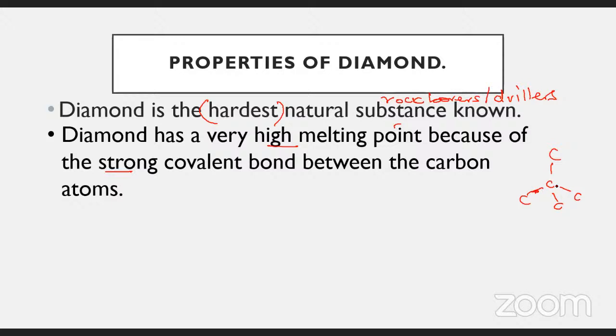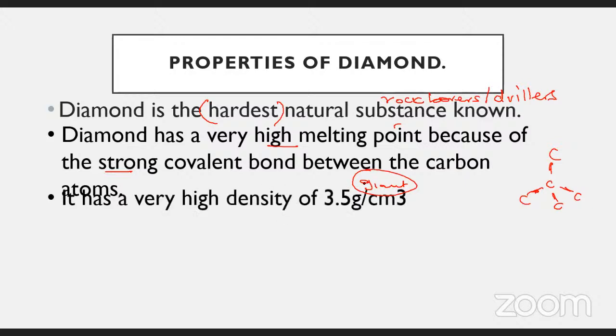These bonds are the ones we call strong covalent bonds. And also, of course, of being big, we say it is giant. So even its size gives it a high melting point. Then it also has a density of 3.5, which is big: 3.5 grams per cubic centimeter.